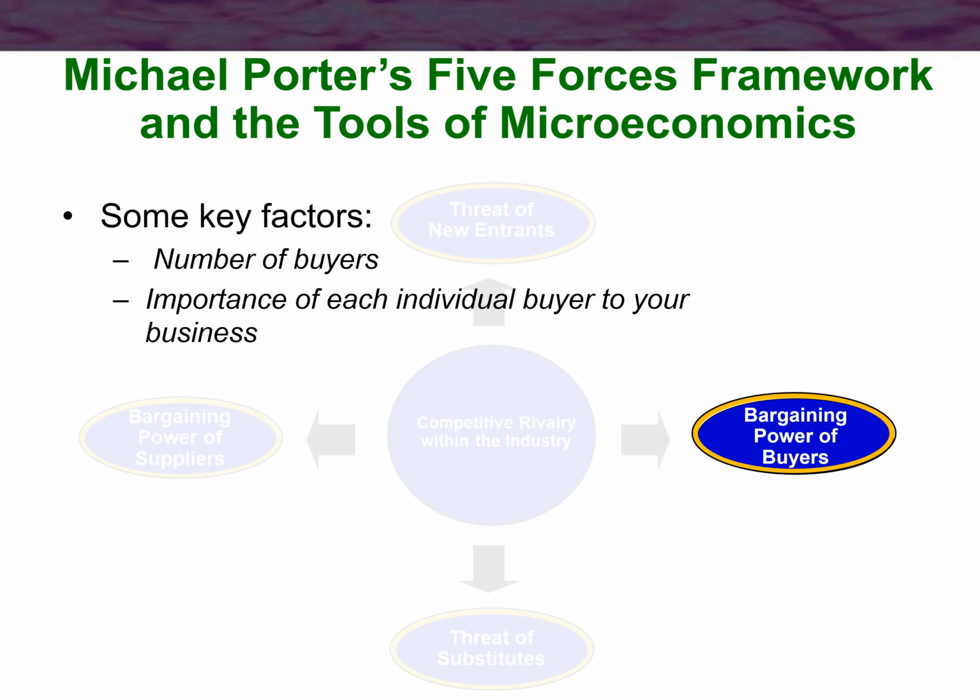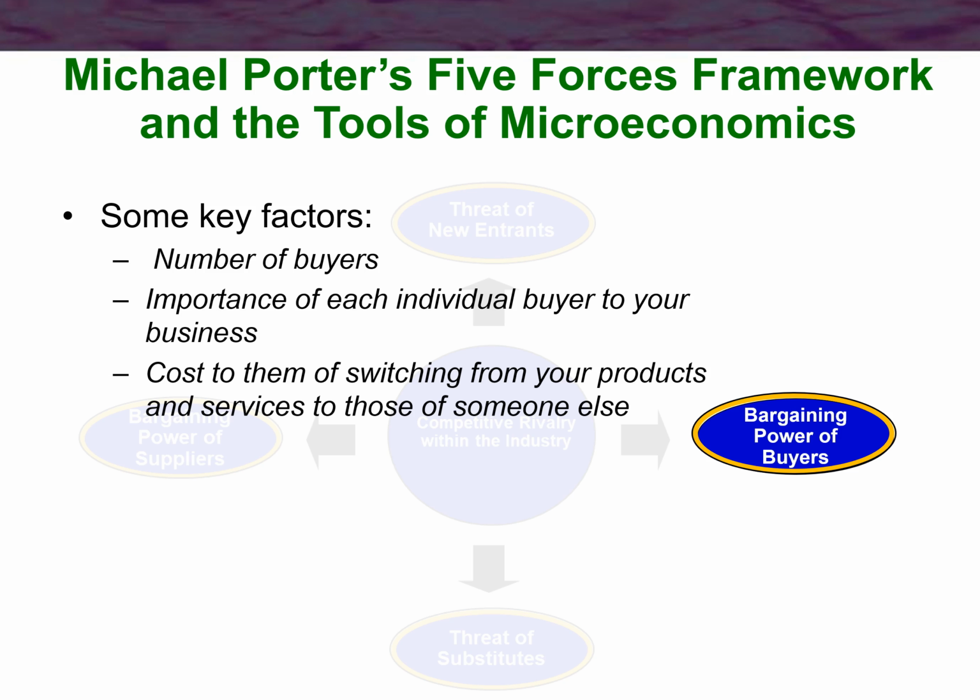So the importance of each individual buyer to your business. If you've got one big buyer, for example, 80% of your sales go to Costco. Costco has a lot of bargaining power over the price of your product. Then there's the cost of switching from one product to another. So in other words, if it's very, very high cost switching for your customers, they have limited bargaining power.